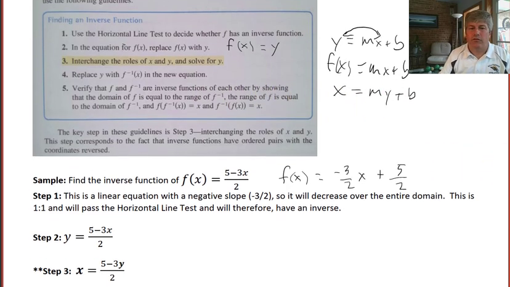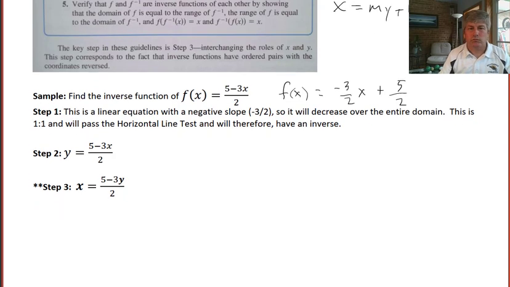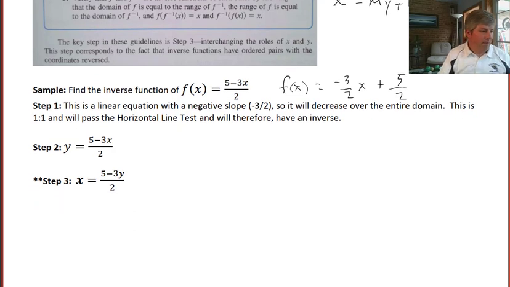Let's do a sample of one of those. Find the inverse function of f of x equals 5 minus 3x over 2. Looking a little more closely, this is 3x to the first, so this is a linear equation.